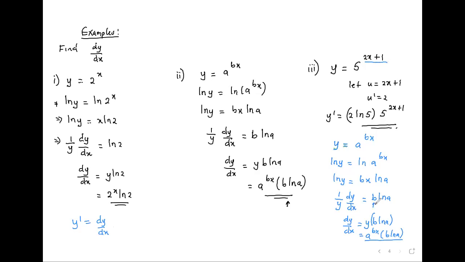We differentiate the power, we get 2. And then where there is b here, we put 2. Where there is ln a, we put ln 5, because 5 is the base. And then multiply by the whole 5 to the power 2x plus 1.